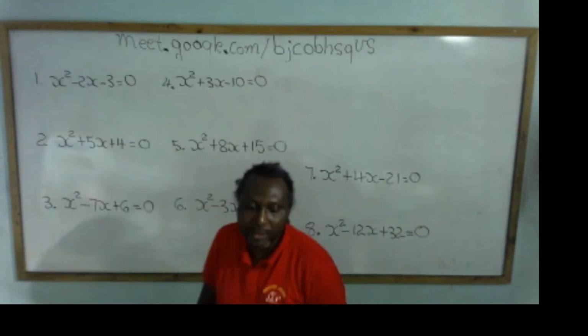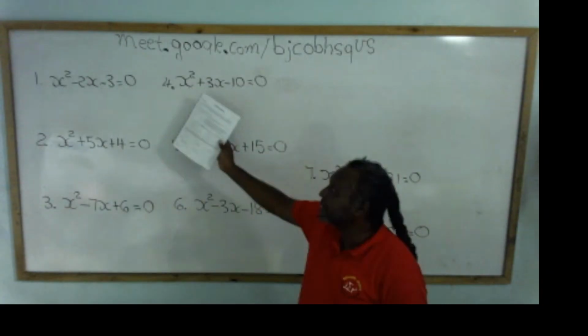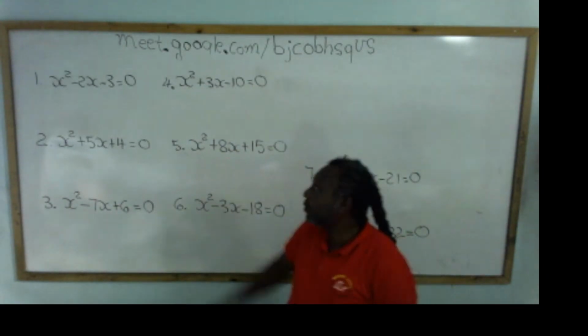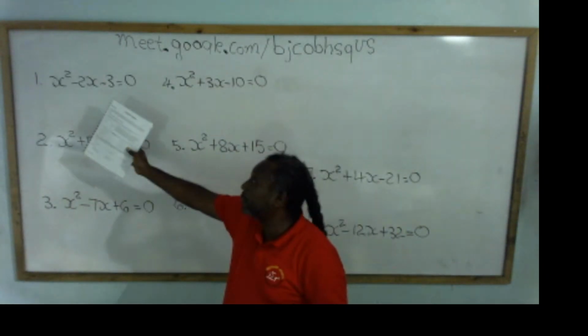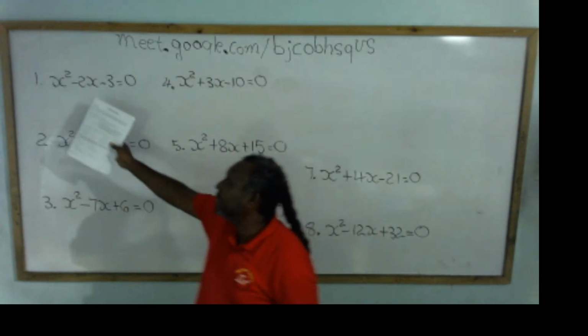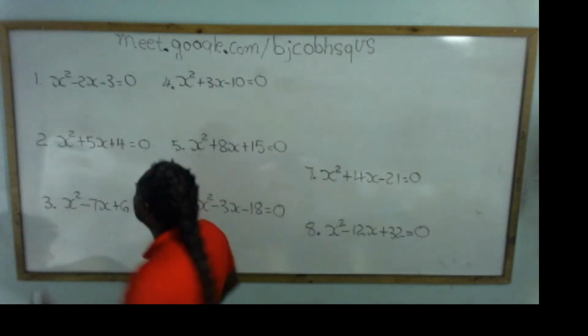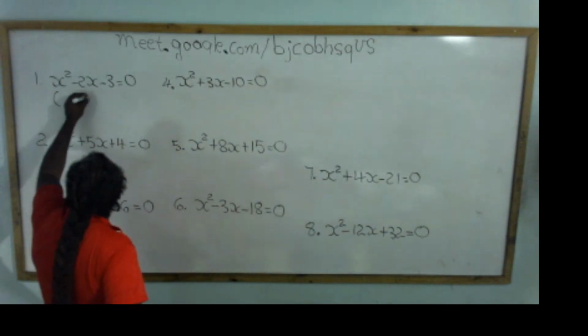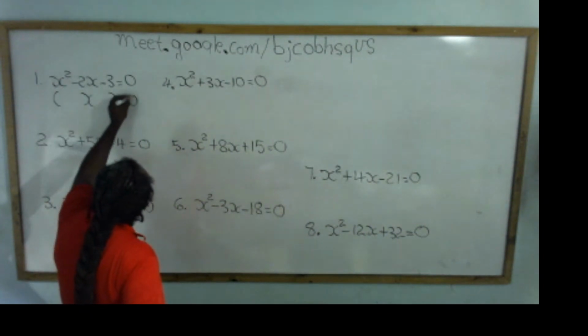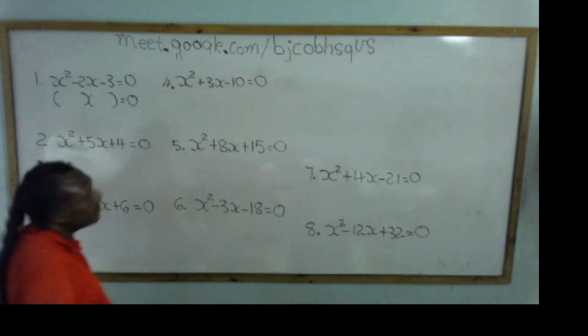So the first thing that we'll do is factorize the trinomial. What two numbers multiply to give a -3, and when we add them, we get a -2? Notice that the coefficient of x squared is 1, so we may just write the factors down and then write the answers.